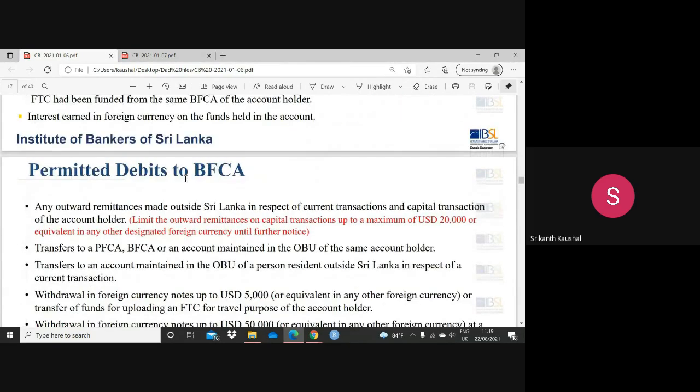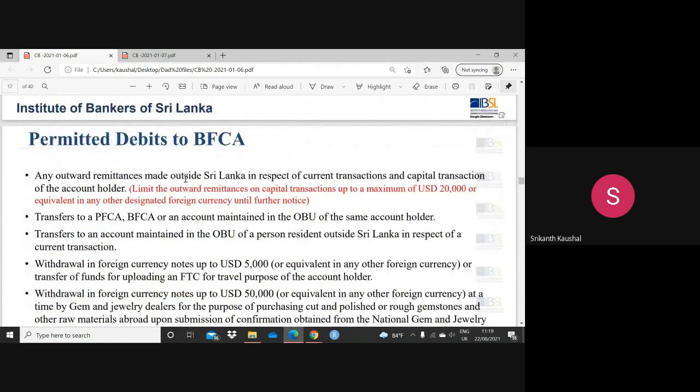Let us look at the permitted debits. Any outward remittances made outside Sri Lanka in respect of current transactions. Remember, when you are making a current transaction, there is no limit. Current means you can import $100,000 or you can import $1 million, as long as you have the documentary evidence to support your imports. So if you have a BSC account and you are a garment exporter, you want to import fabric for $2 million, you could do so.